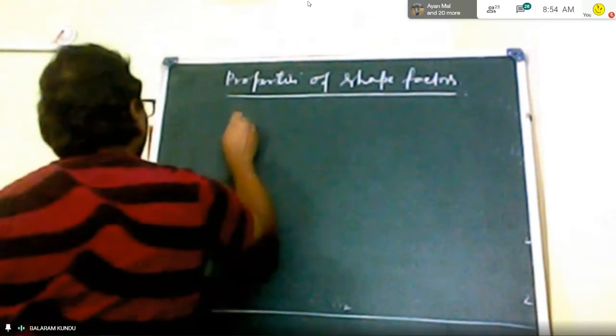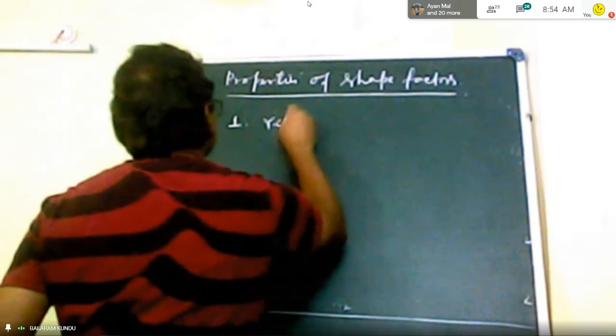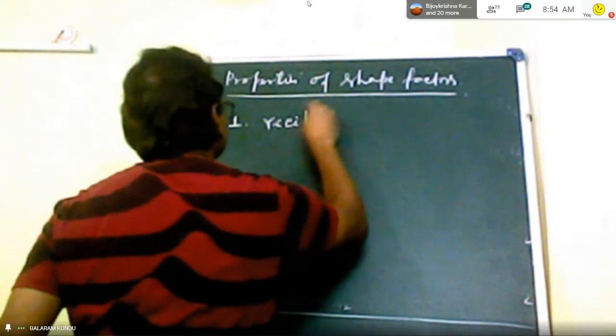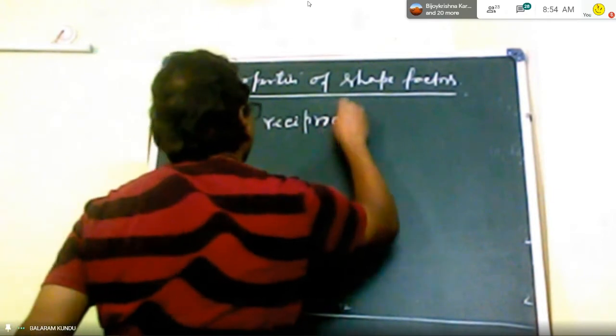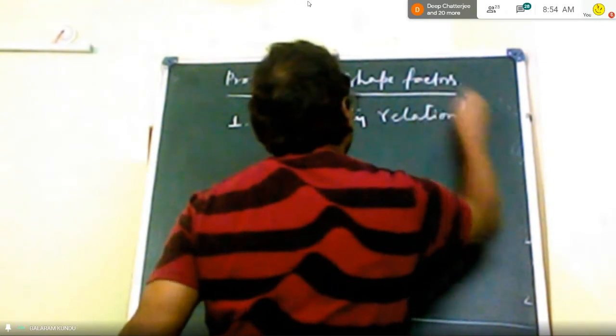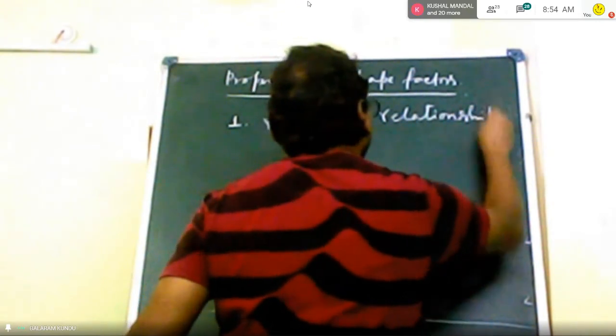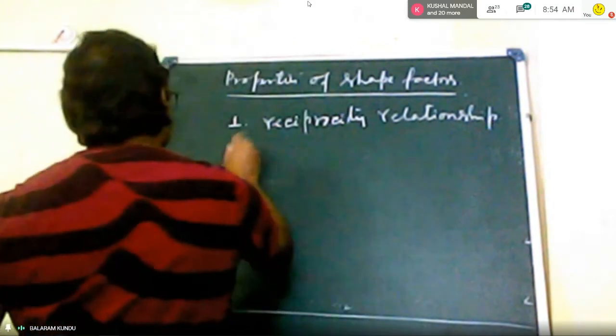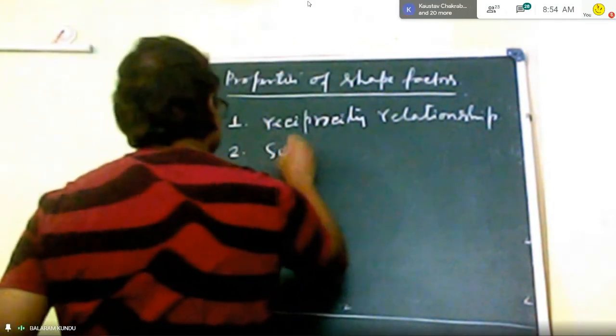Number one, reciprocity relationship. Number two, summation rule.